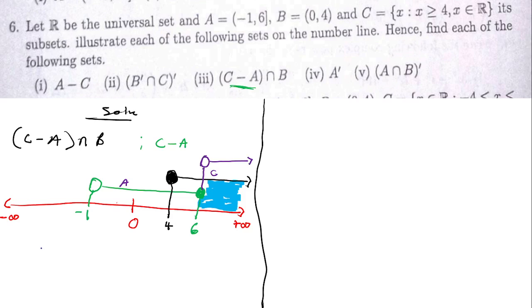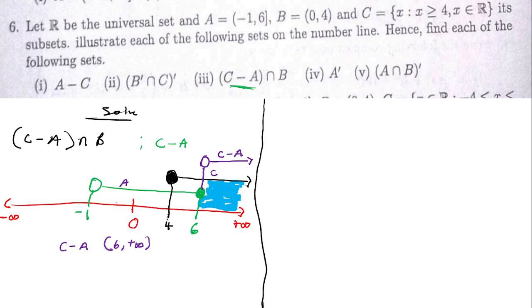So what you have now, C minus A, is a set which is having 6 comma positive infinity, because 6 is not part of that answer. So this is C minus A, like that.